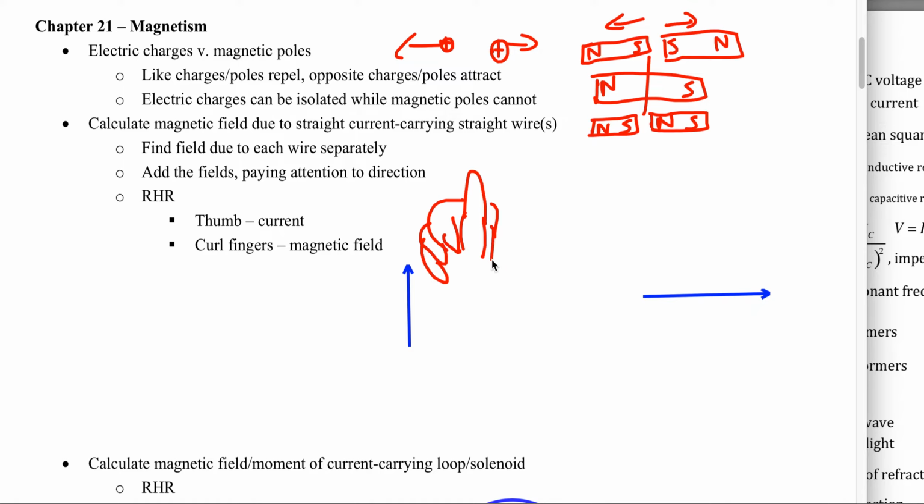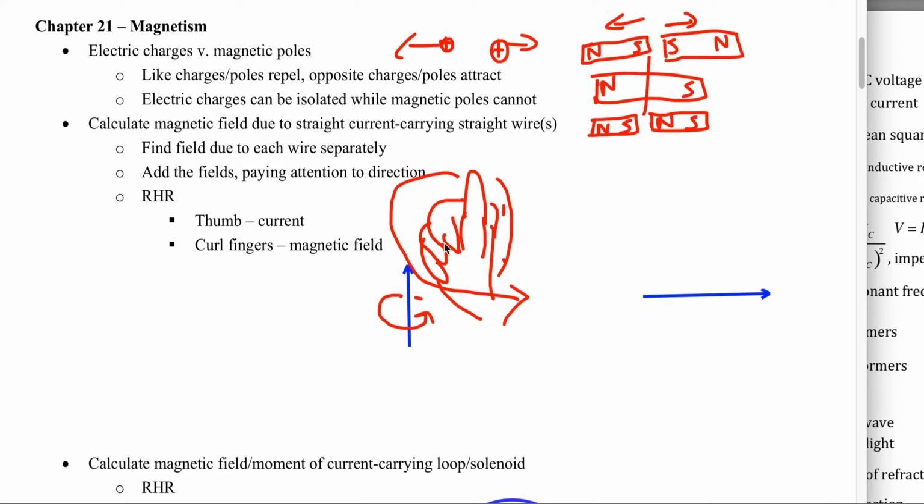This is the best I can do as far as a picture. But you see how the fingers are curling behind the thumb, and then here they're going in front of the thumb. The thumb is the current. So what this means is that the field is making a loop around the wire, and the loop is going behind the wire here. It's going in front of the wire here.